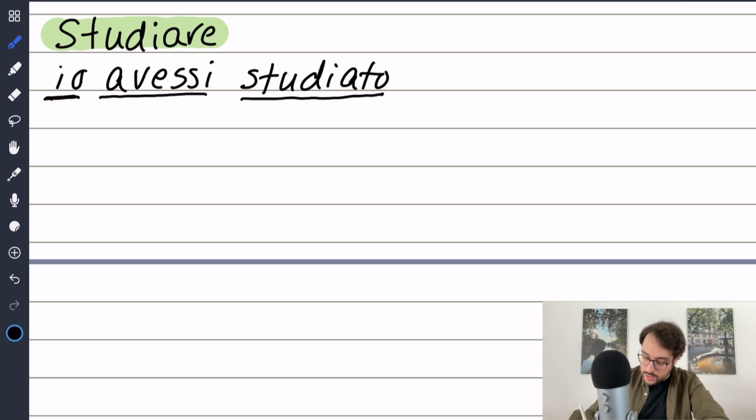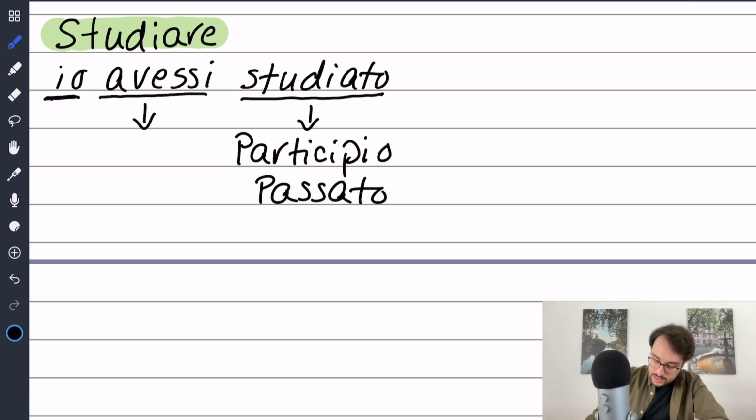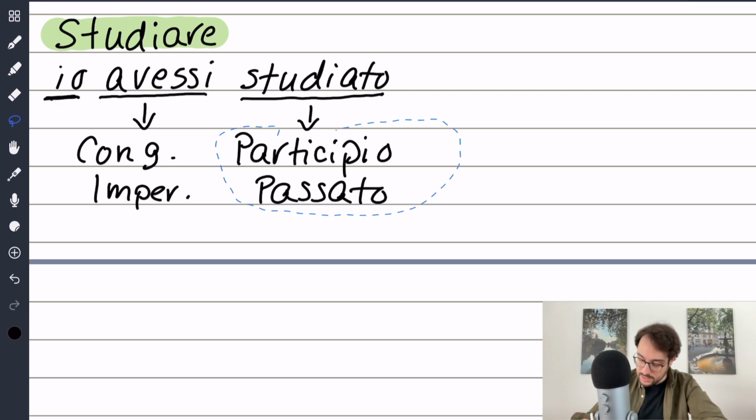This is what we call the participio passato form. This is the congiuntivo imperfetto form. All right, there we go. No gender and number agreement here, because obviously this is just us doing a verb with avere, so no gender and number agreement. That is coming, though.